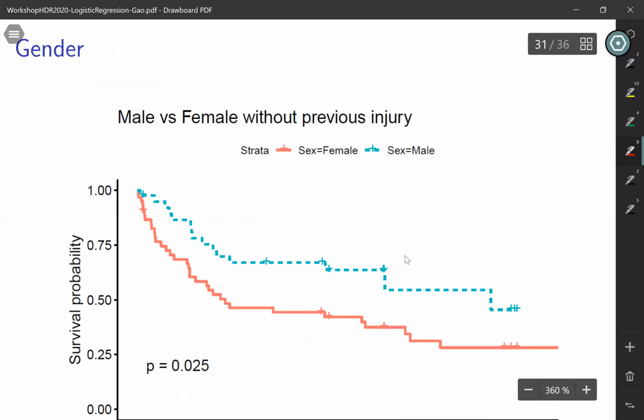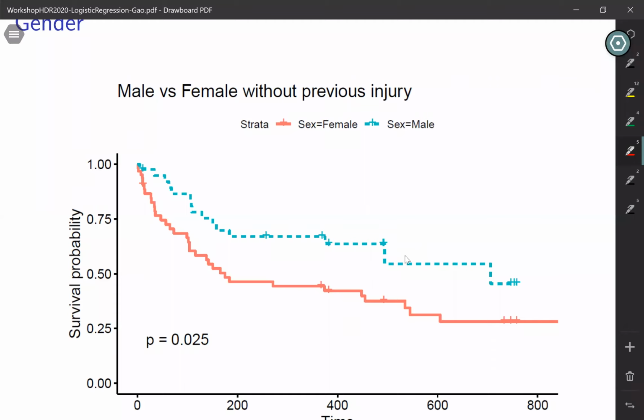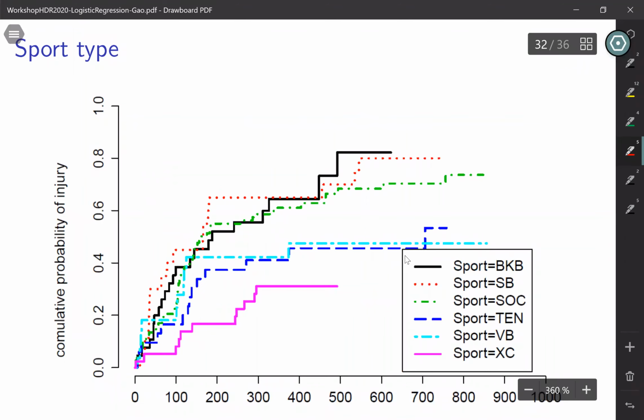And then we found that gender is probably a significant factor of injury. Basically, we found that females are more likely to get injured during sports. Another factor could be sport type, right?